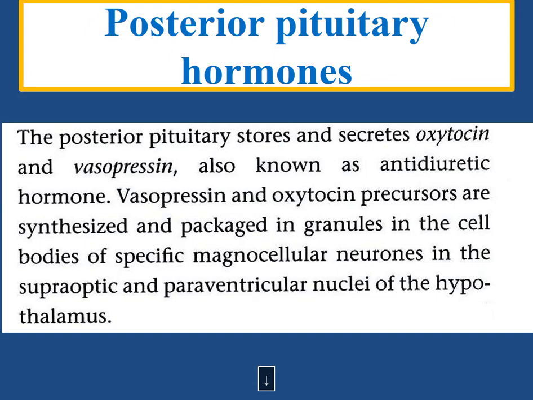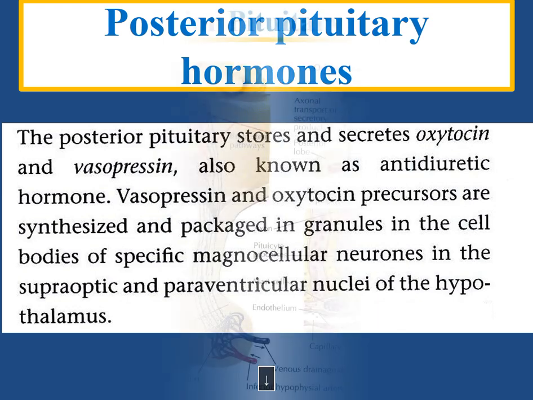Posterior pituitary hormones. The posterior pituitary stores and secretes oxytocin and vasopressin, also known as antidiuretic hormone. Vasopressin and oxytocin precursors are synthesized and packaged in granules in the cell bodies of specific magnocellular neurons in the supraoptic and paraventricular nucleus of the hypothalamus.